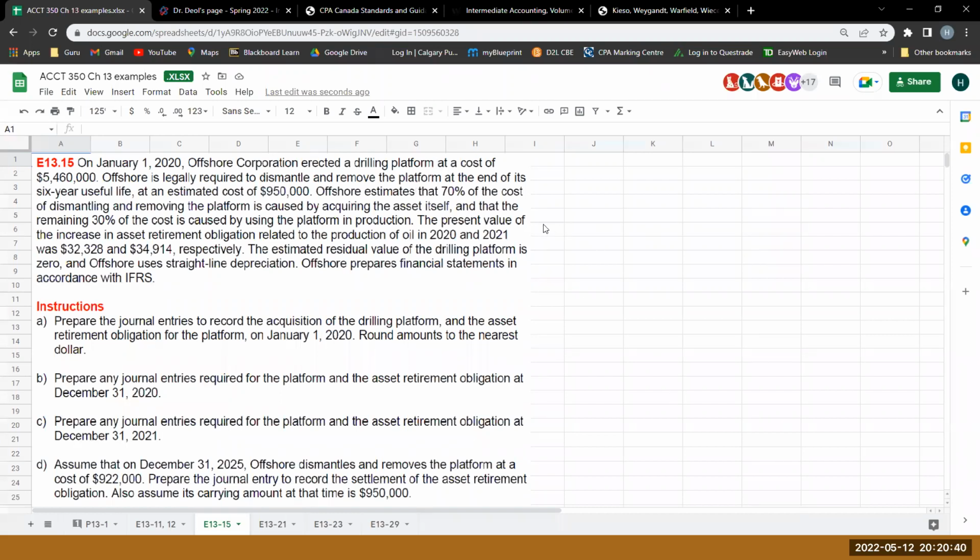Offshore estimates that 70% of the cost of dismantling and removing the platform is caused by acquiring the asset itself, and the remaining 30% of the cost is caused by using the platform for production. So IFRS says a certain amount is attributable to the asset itself.